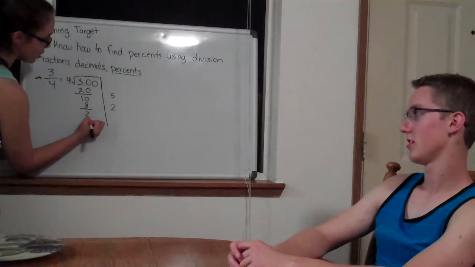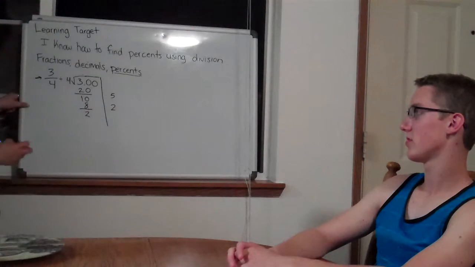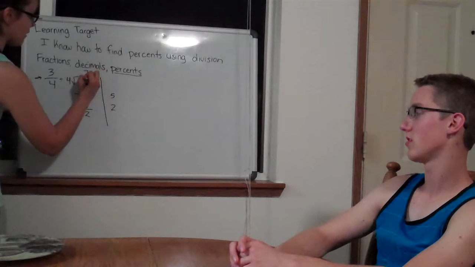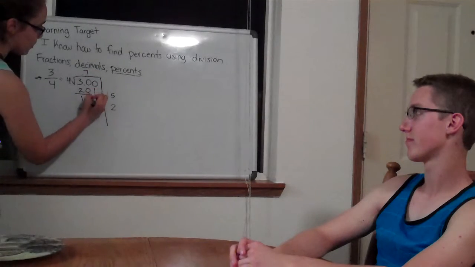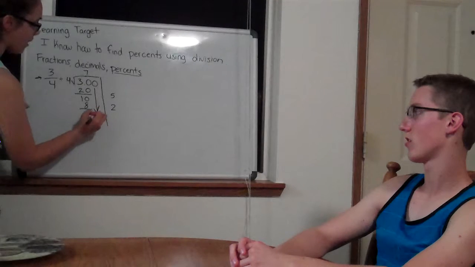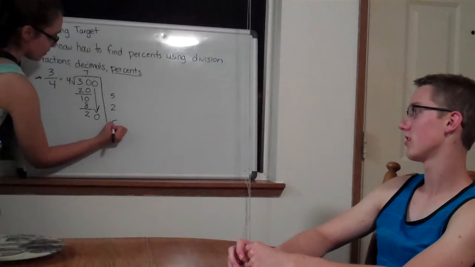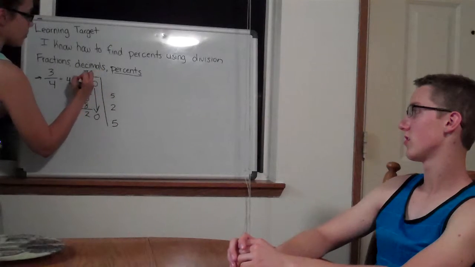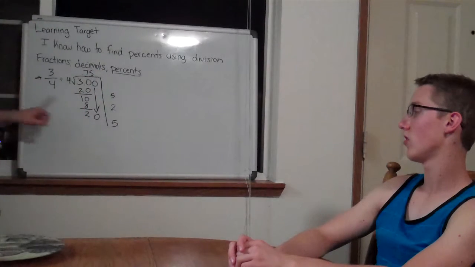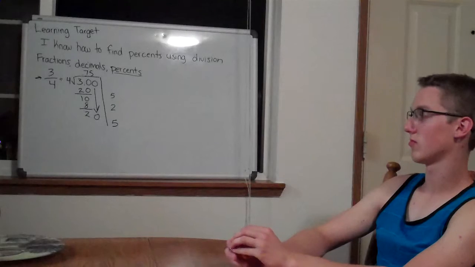And so you have 2 left over. So what's 5 plus 2? 7. So we put the 7 back up here. And then we bring the 0 down. How many times does 4 go into 20? 5 times. So our decimal is 0.75, which we did a lot of work on yesterday.